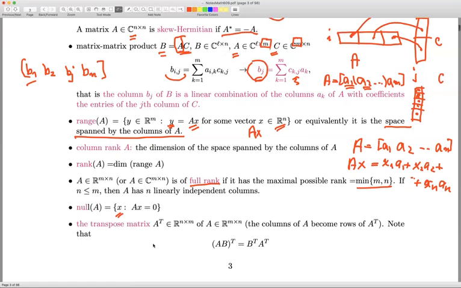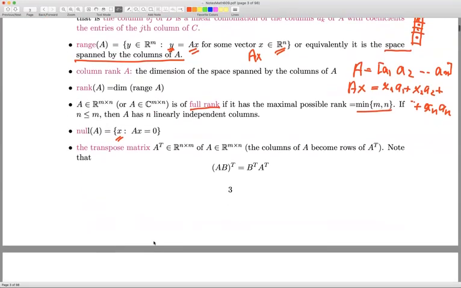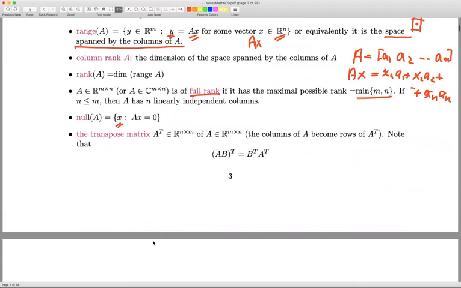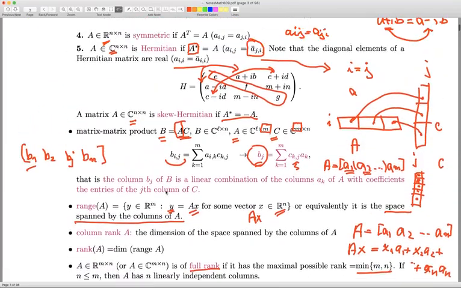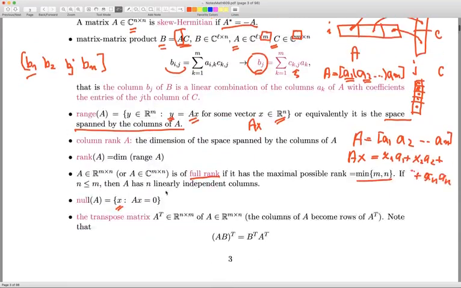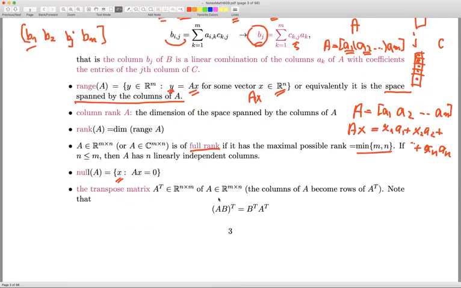The transpose matrix of the matrix A is the matrix, we already used the symbol transpose when we defined the symmetric matrix. So if the original matrix was of dimension m times n, A transpose will be a matrix of dimension n times m, and this is a matrix for which the columns of the matrix A become rows of that matrix.